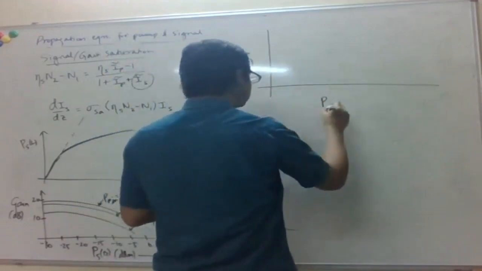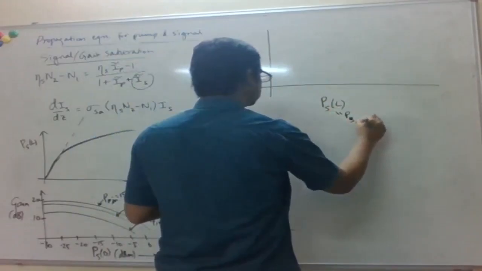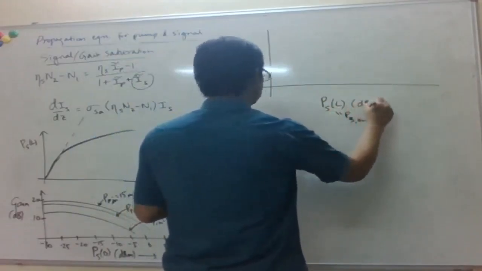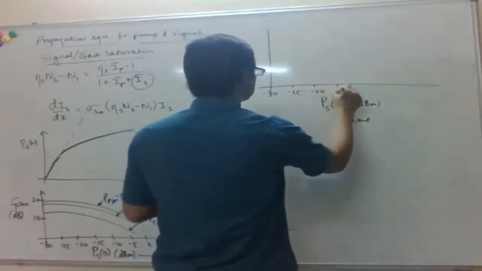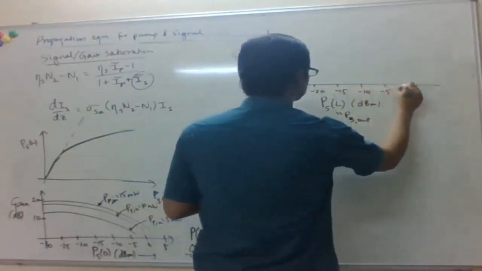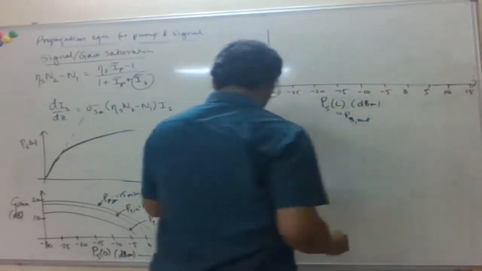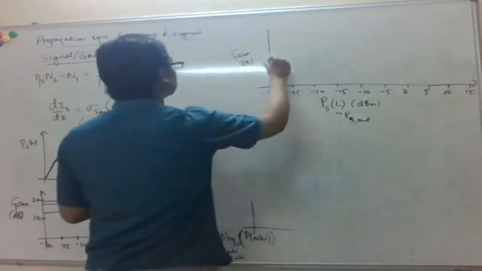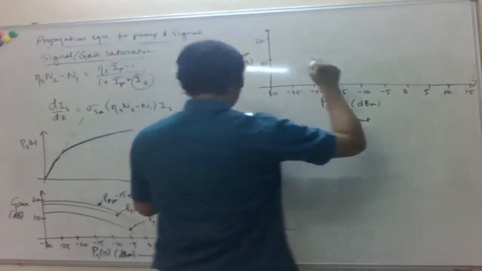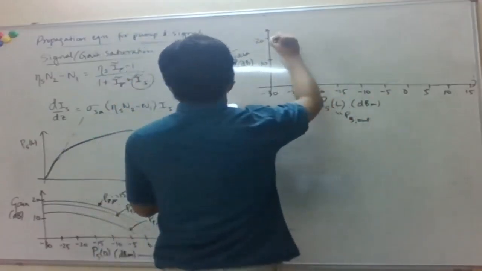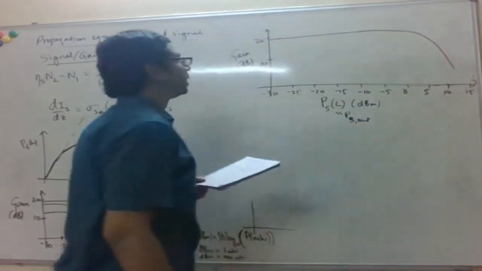Now I'm plotting the output signal power. If you plot with respect to output power, it looks more flat here, and then it drops steeply.